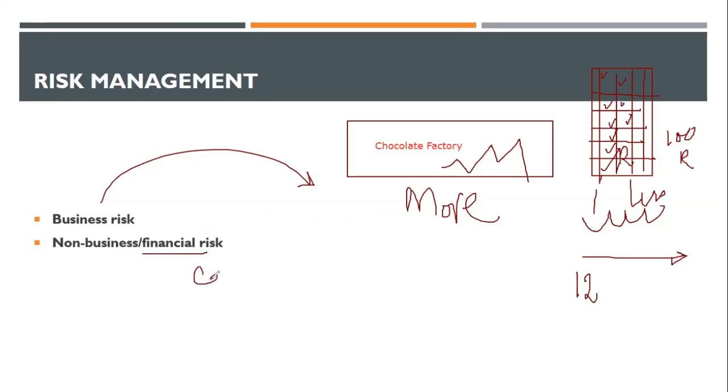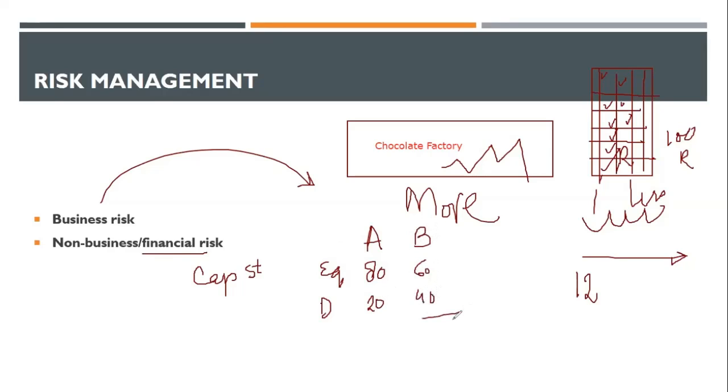Financial risk is because of the capital structure, like how much equity, how much debt. Entity A has 80% equity, 20% debt. Entity B has 60% equity and 40% debt.